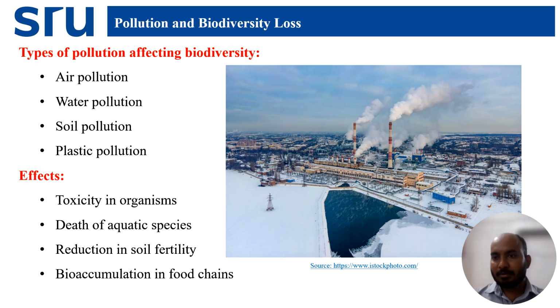These pollutants may directly kill organisms or weaken them with time. Generally, plastic waste especially affects the marine ecosystem, right? Pollution can also enter the food chain through the process of bioaccumulation and biomagnification. So food also will be polluted.